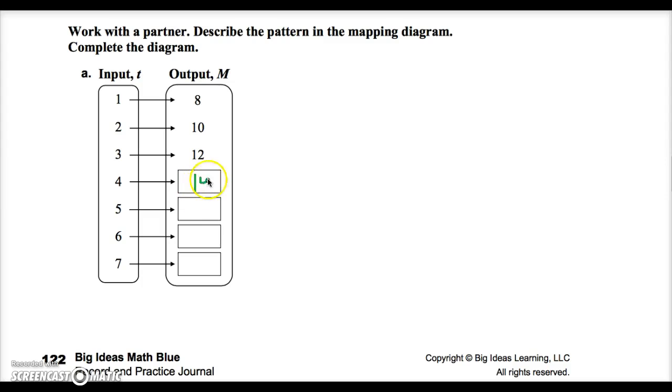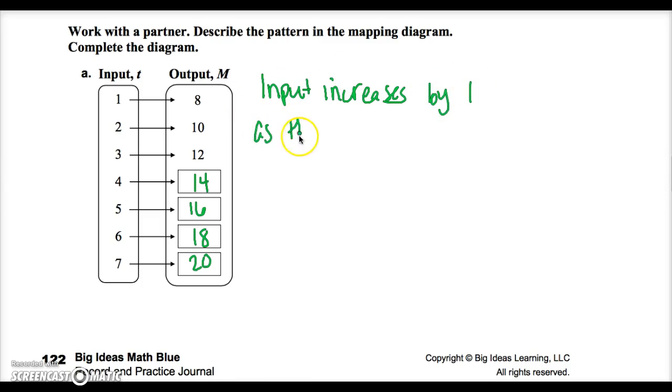I know the next one would be 14, 16, 18, 20 because they're going by 2s. So describe the pattern. The input increases by 1 as the output increases by 2. Simply the pattern going on there.